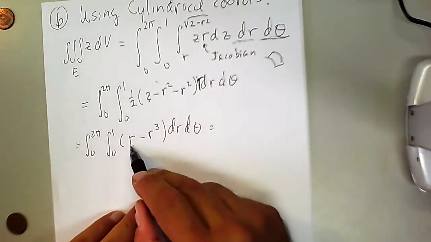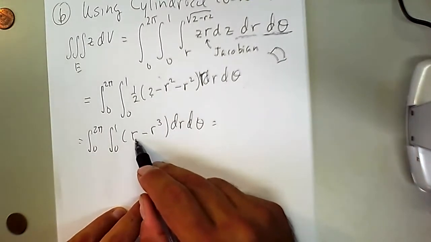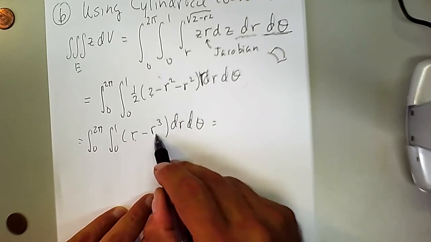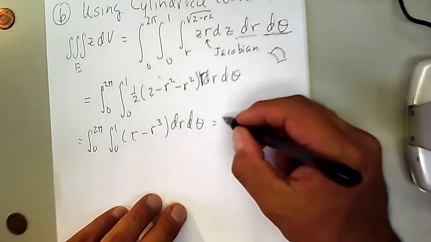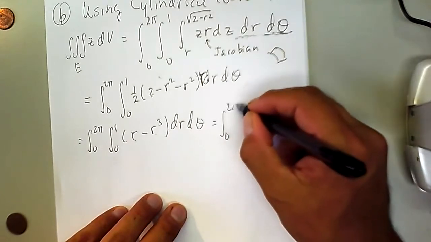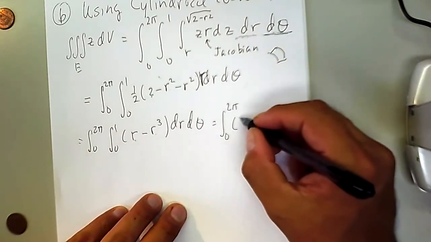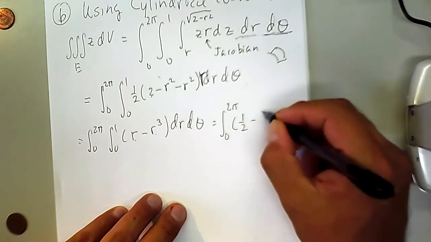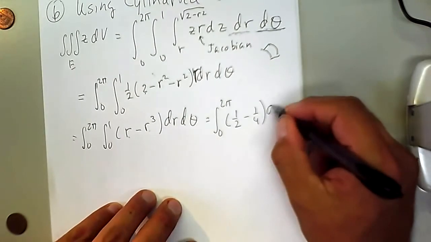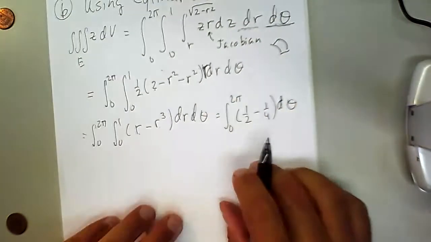So I'm going to pull a fast one on you. This is r squared over 2 and r to the 4 over 4, but we're integrating from 0 to 1. So this is just from 0 to 2 pi, 1/2 minus 1/4, which is 1/4, d theta. We can factor that out.